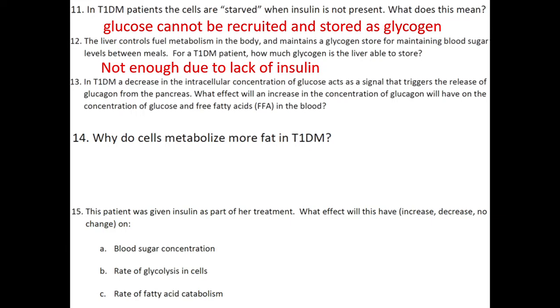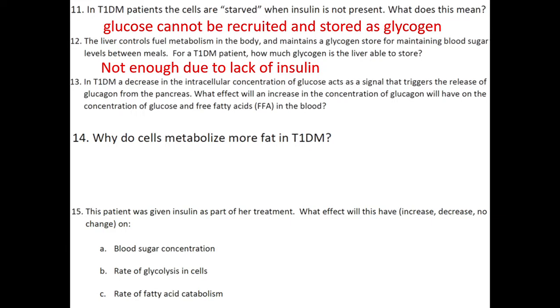Okay. So next question, in type 1 diabetes, a decrease in the intracellular concentration of glucose acts as a signal that triggers the release of glucagon from the pancreas. What effect will an increase in the concentration of glucagon have on the concentration of glucose? Alright.